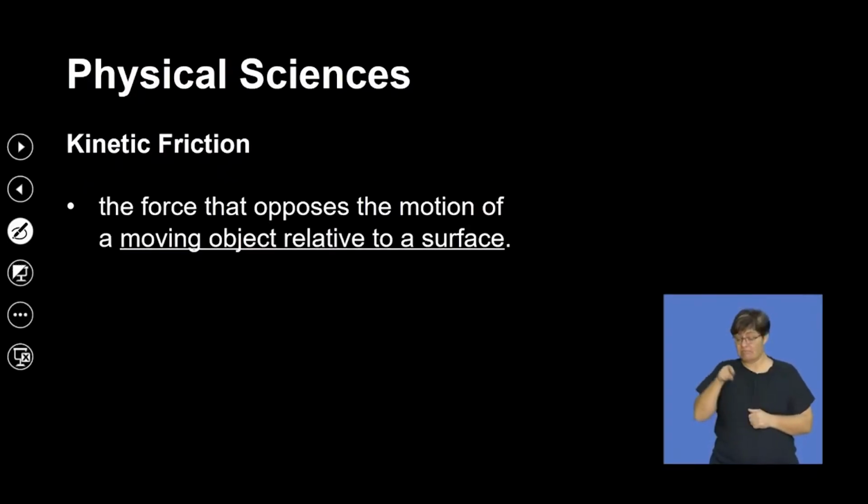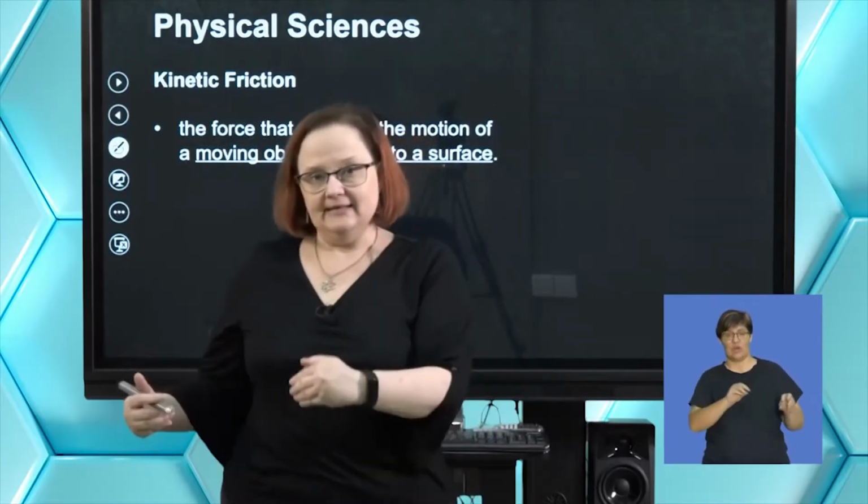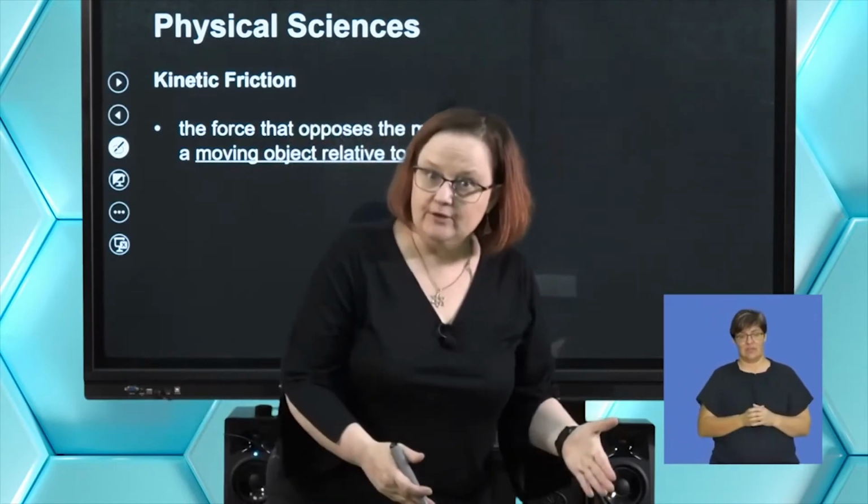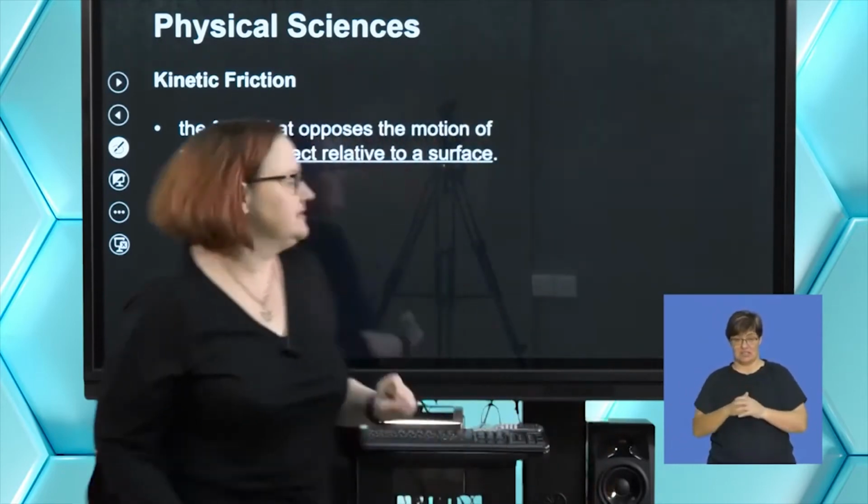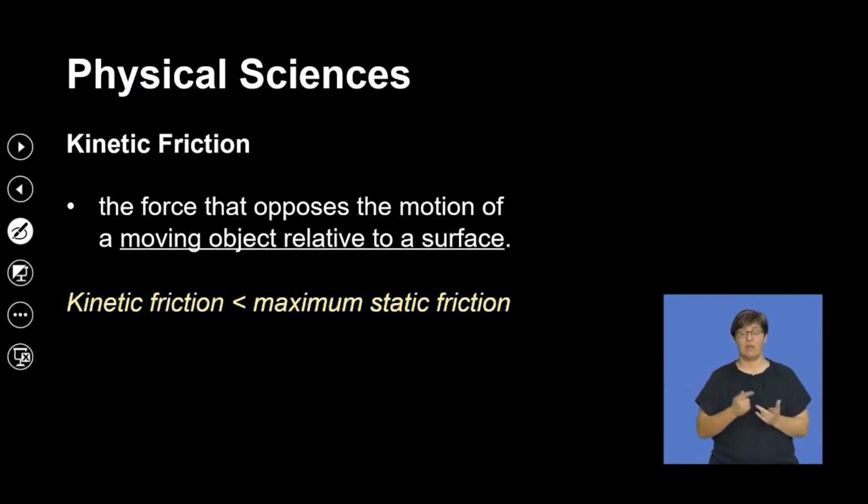Then, kinetic friction is the force that opposes the motion, not the tendency to move now, but the actual motion of an object moving relative to a surface. So static, stationary; kinetic, moving, okay? Now that's a constant. Kinetic friction is always smaller than the maximum static friction.